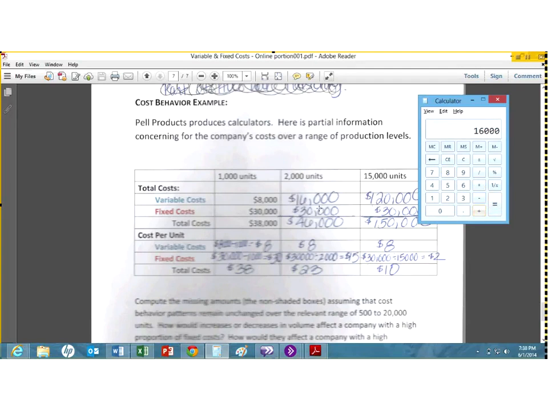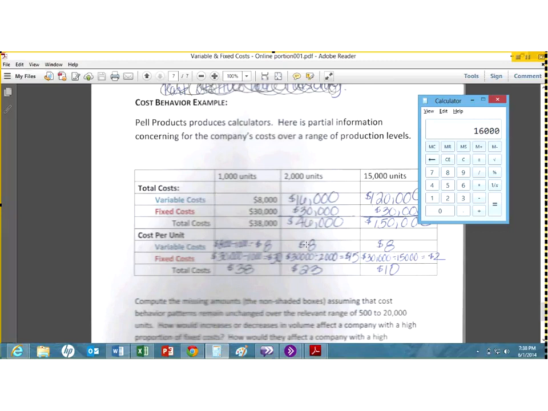My fixed cost, remember we looked at this scenario if you had 4 roommates, 5 roommates, or 1 roommate, or none, that your total rent didn't change. So my total fixed cost is not going to change, $30,000 across my activity. So therefore, my total cost if I make 2,000 units is $46,000.